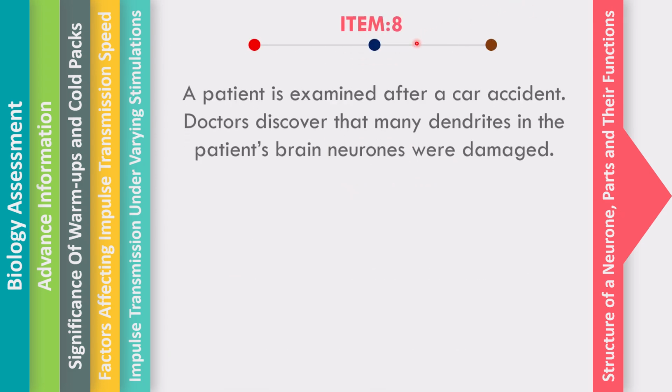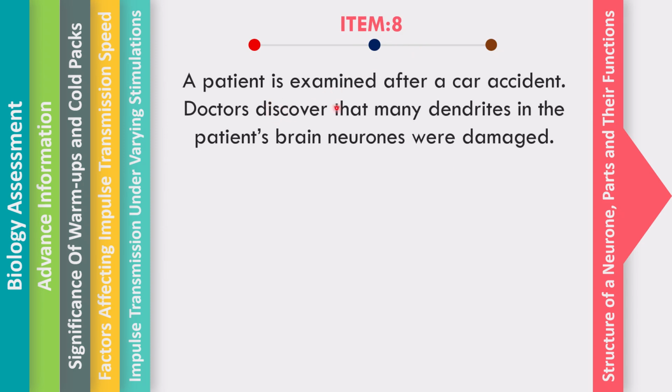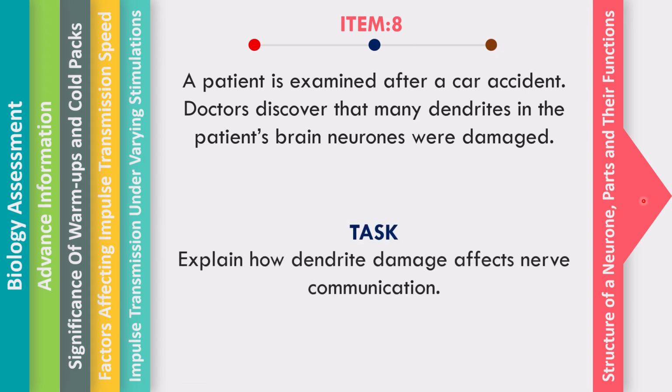Item 8. A patient is examined after a car accident. Doctors discovered that many dendrites in the patient's brain neurons were damaged. Task: explain how dendrite damage affects nerve communication.